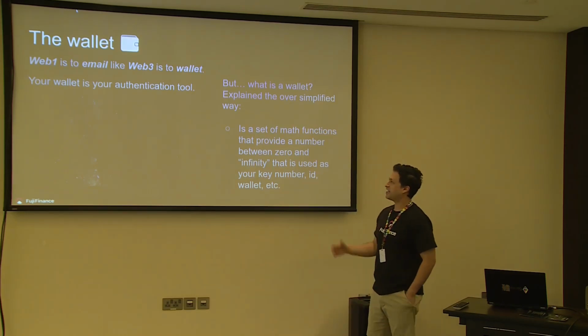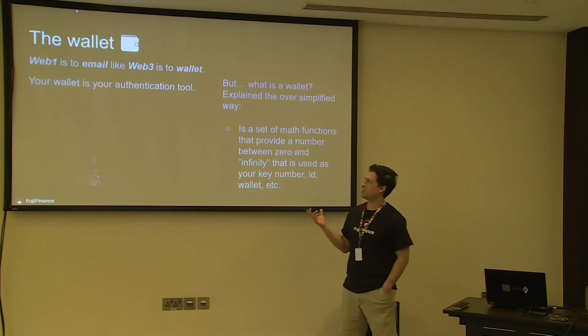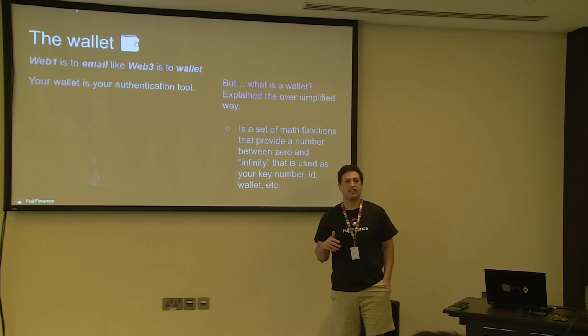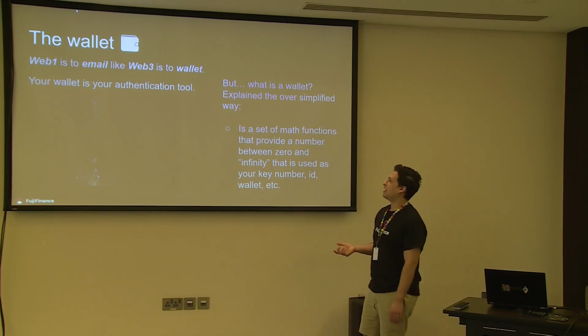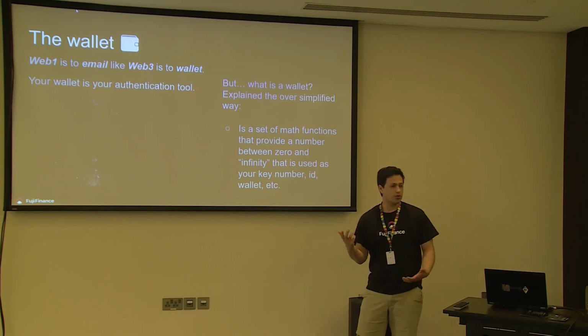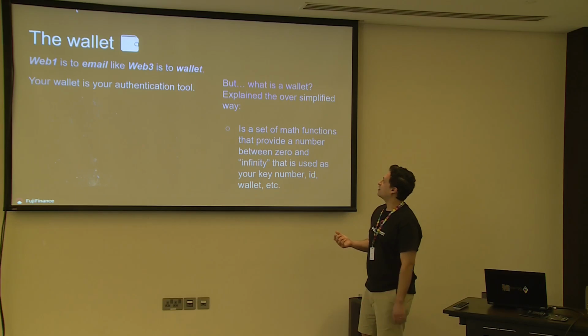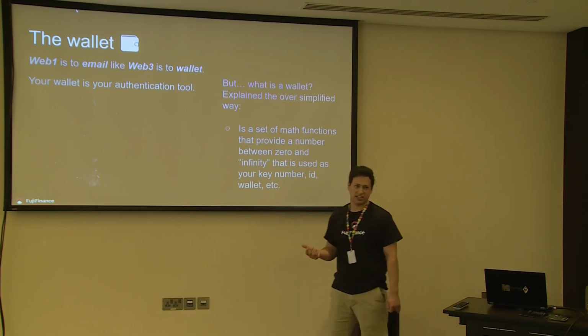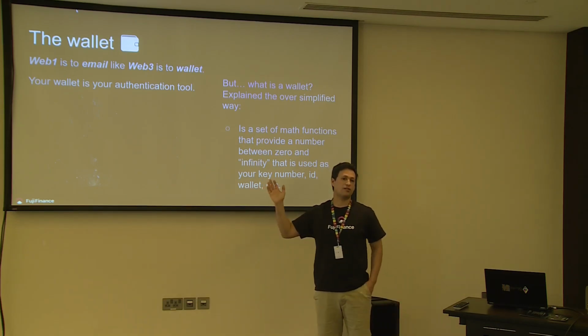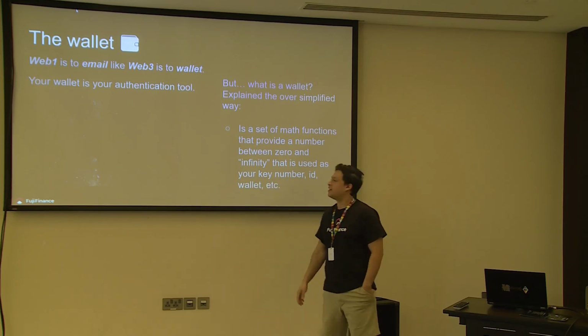So the key thing about Web3 is that previously, in Web 2 and Web 1, the way we did everything was by emails. And now the new tool that we have to learn is using wallets. Essentially, Web 1 is to emails as Web3 is to wallets.